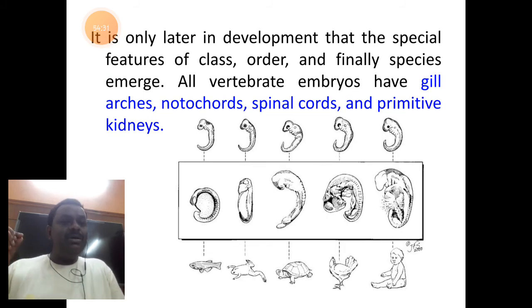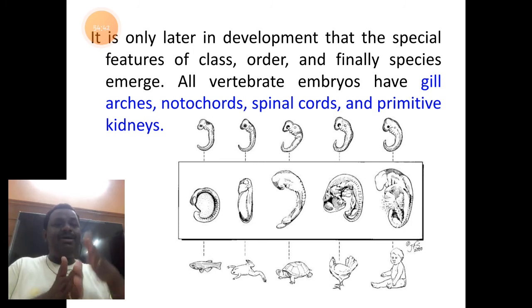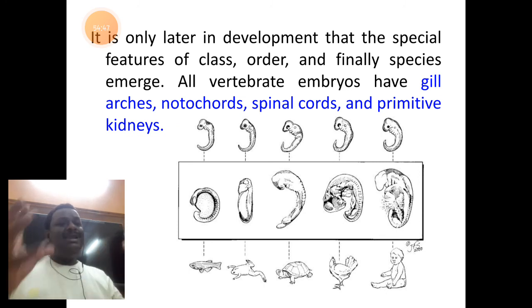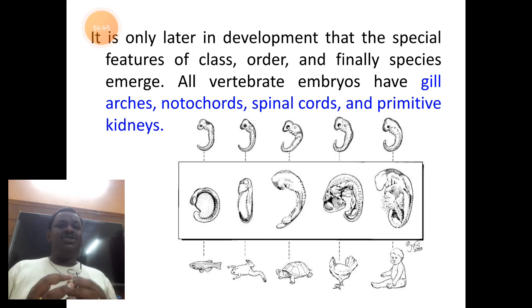It is only later, after the first phase where the general characters are formed, that the special characters follow. So it goes in an order: class, order, etc. Finally a new embryo will emerge showing special characters in them.